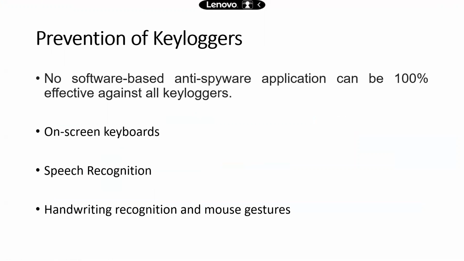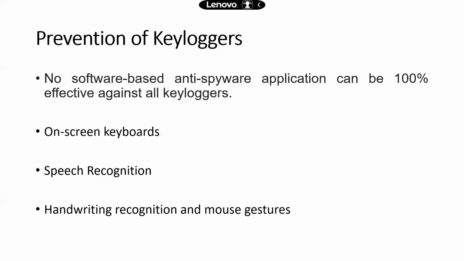Prevention of keylogger. Until and unless you know there is a keylogger running, you cannot prevent it. So you have to be very careful in this situation. On-screen keyboards are one of the best ways to prevent keyloggers.